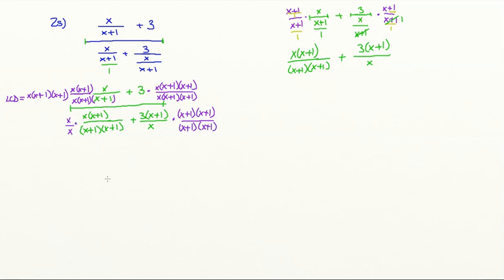So my numerator of my big fraction is my big fraction line. My denominator of the top is going to be x times x plus 1.